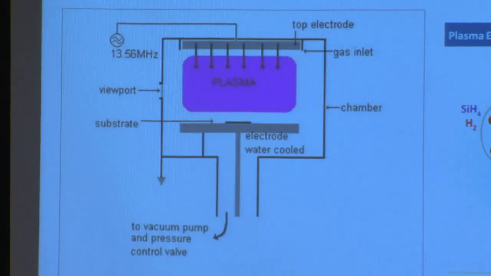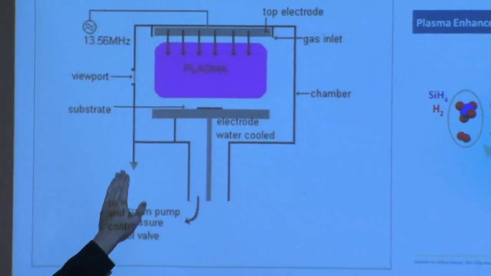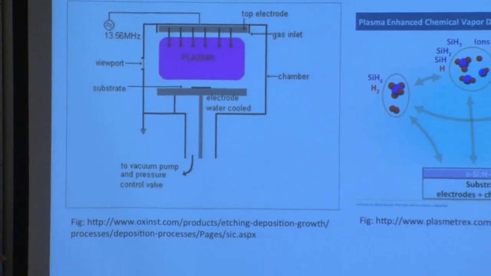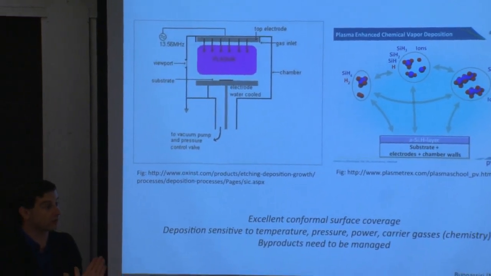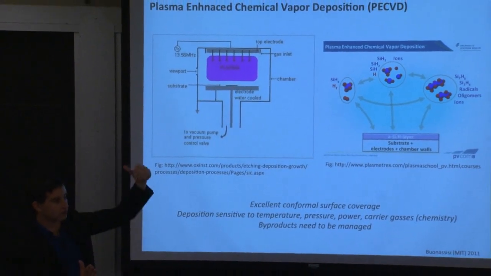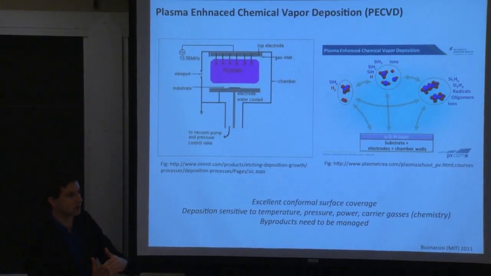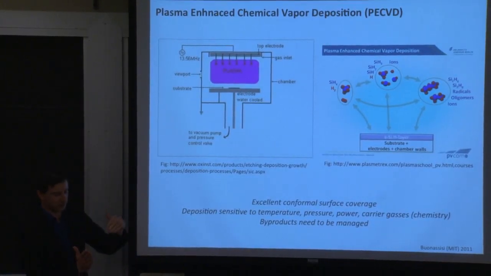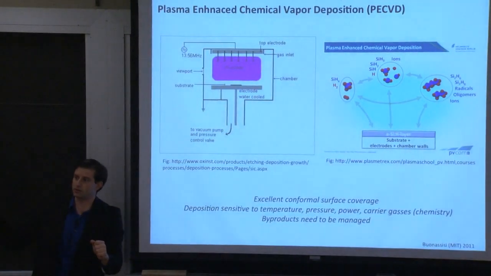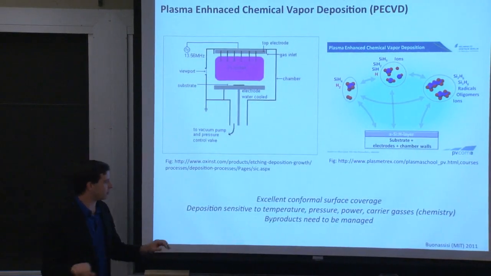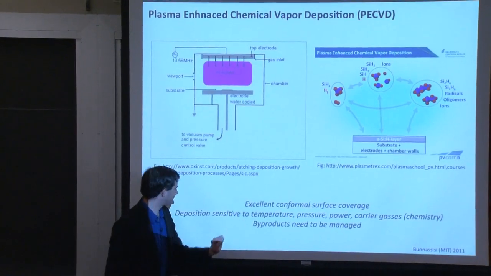So this is PECVD, excellent conformal surface coverage again, because you're biasing your substrate. You're able to conform. The electric field is usually always perpendicular to the surface. And so the angle of entry of those atoms or molecules, the ionized species, entering the surface is going to be normal to that surface. And you can get good coverage around rough textured surfaces.